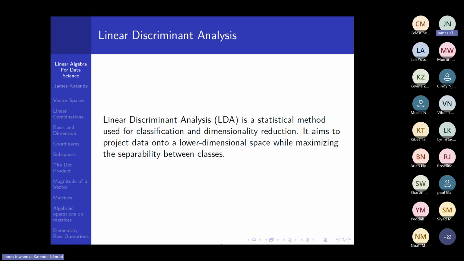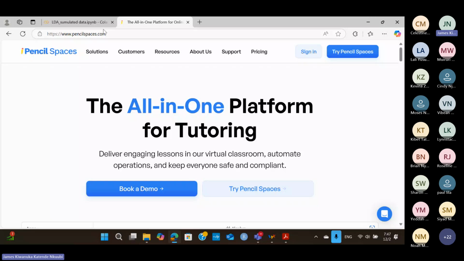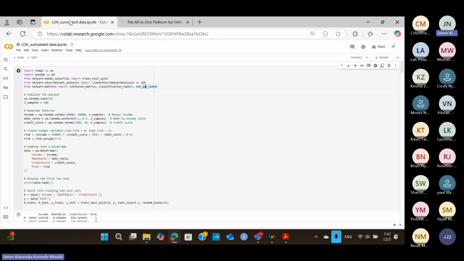So that's basically the idea. We will not run it from scratch; we'll just use the functions that are inbuilt in Python. But it would be an interesting project to try and program this from scratch, because you know exactly what is needed.